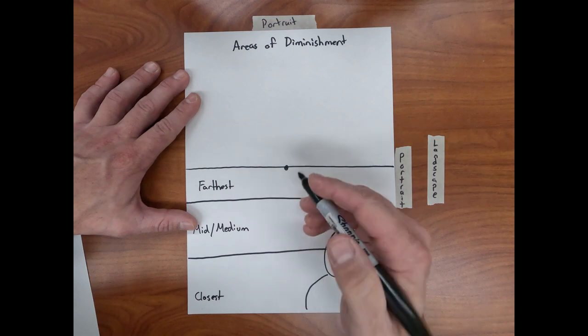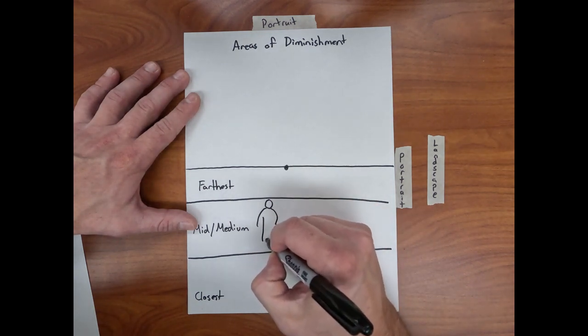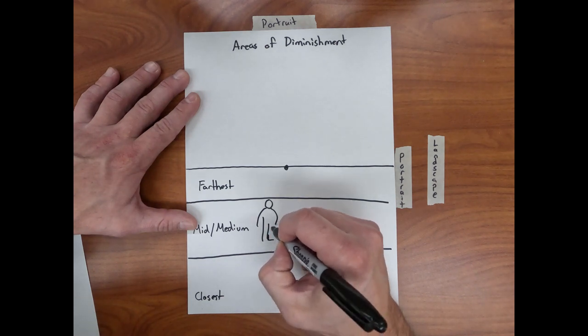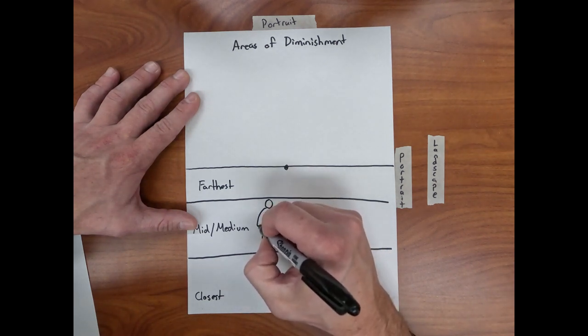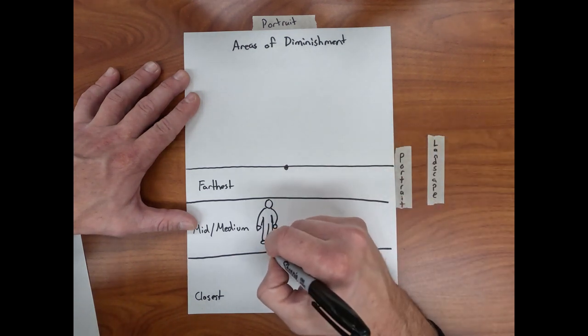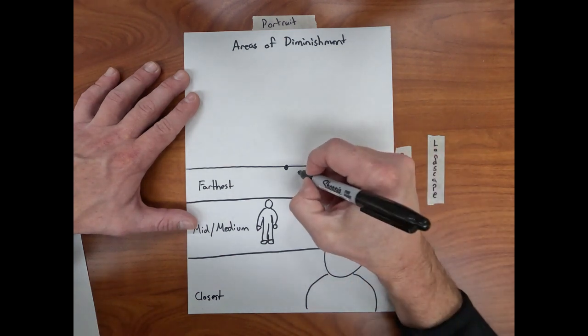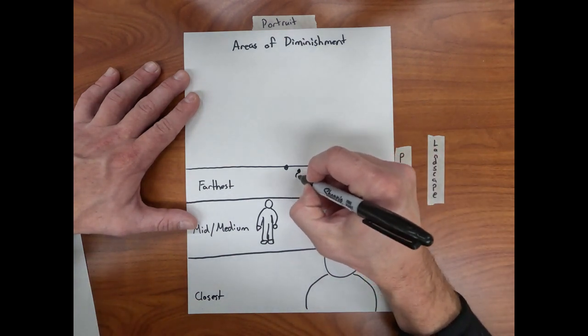If I'm drawing in the medium range, I would see the whole body. I would still have some detail, but not as much. And the farthest is going to have the least detail.